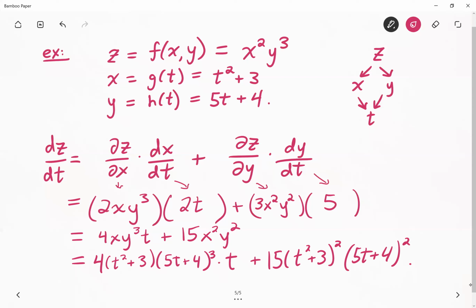I don't know if that really gives me any additional insight, and I certainly don't want to expand that out, but you could. And it's nice to know that you could convert everything to an expression with just one variable in it. All right, so that's a good example, but we should do some other examples as well.